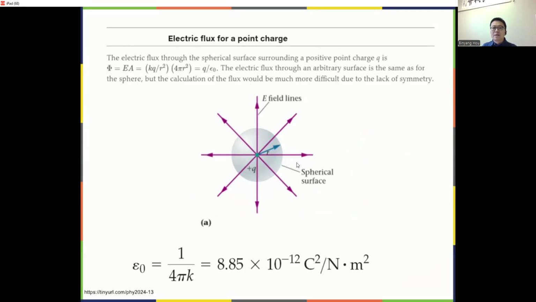Now, if we have a spherical surface with the center of the sphere at the location of the charge, we know the electric field produced by it is, if you remember, E for a point charge equals kQ over r squared, where Q is the charge.